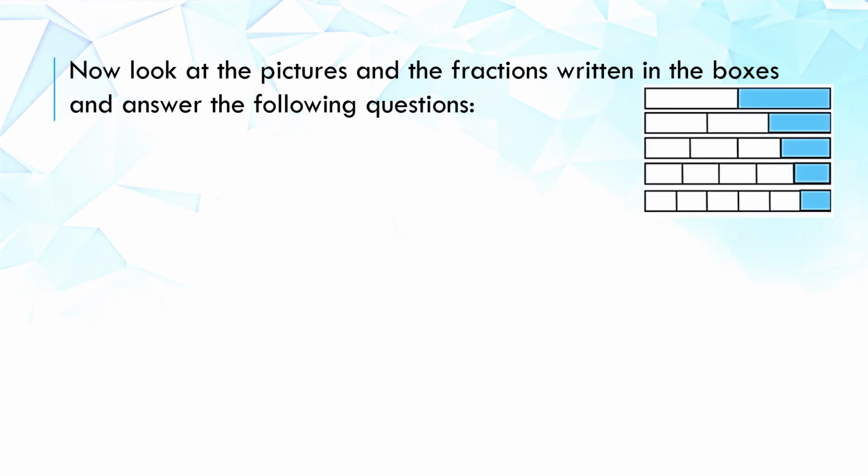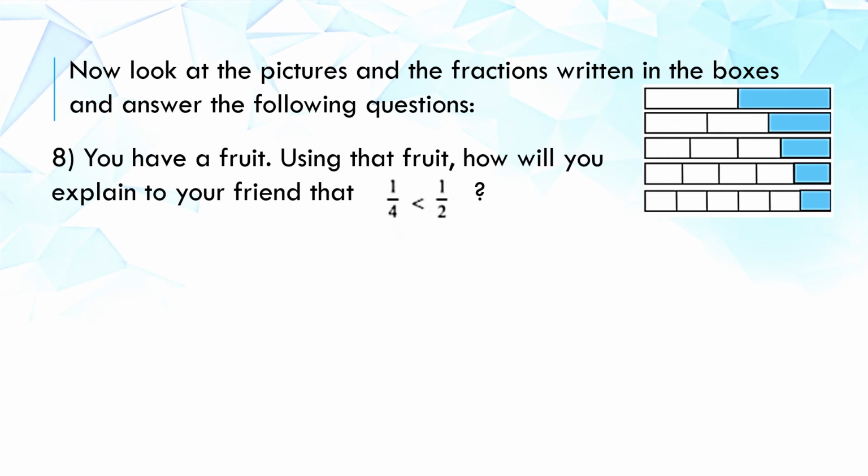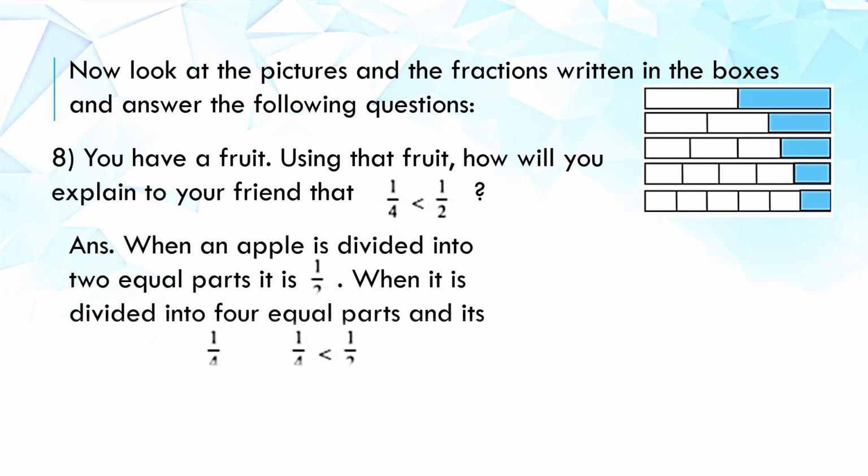Next, you have a fruit. Using that fruit, how will you explain to your friend that 1 upon 4 is less than 1 upon 2? So students, I will show you the answer with one example.